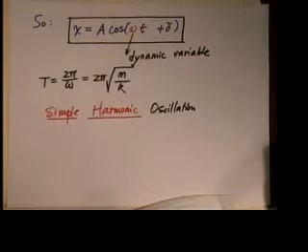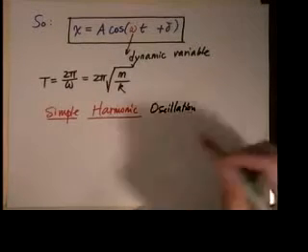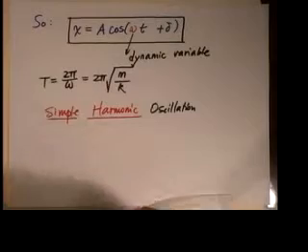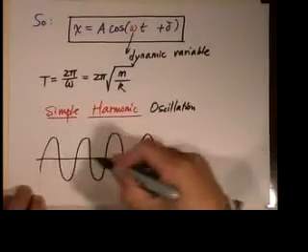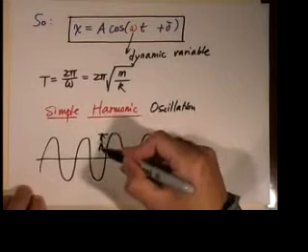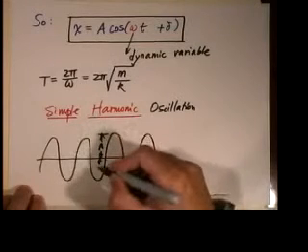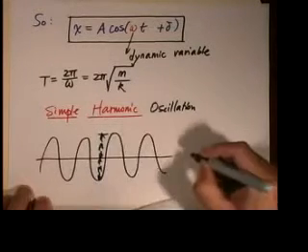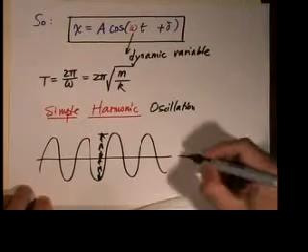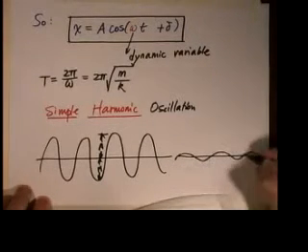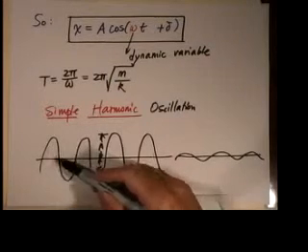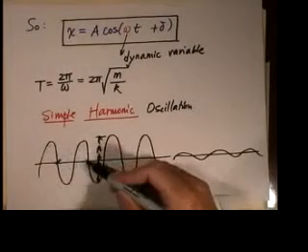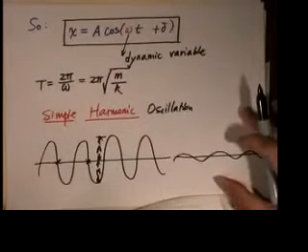Now the interesting thing is, if you have a motion with a very large amplitude like this, this is A, and so is this. Then you consider a motion with much smaller amplitude like this. It turns out that the time it takes for the motion to repeat itself, which is the time from here to here, really is the same.